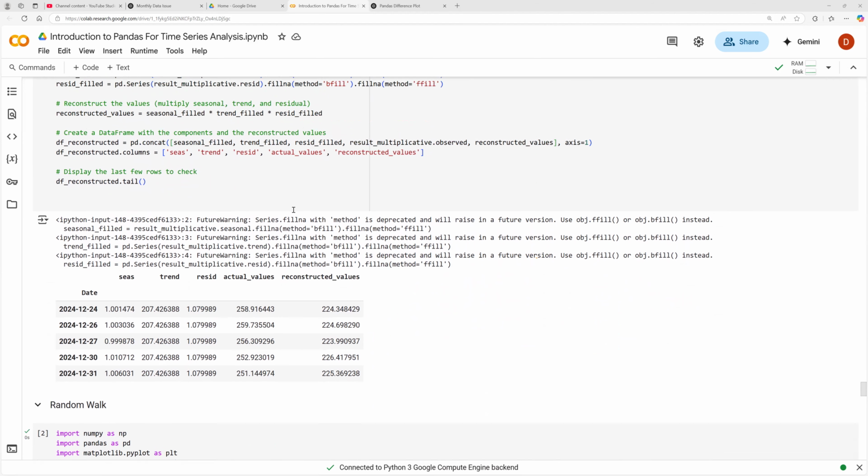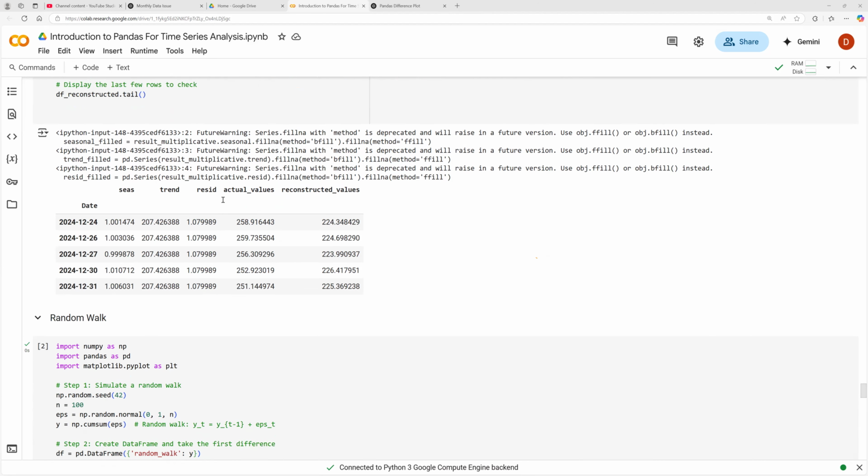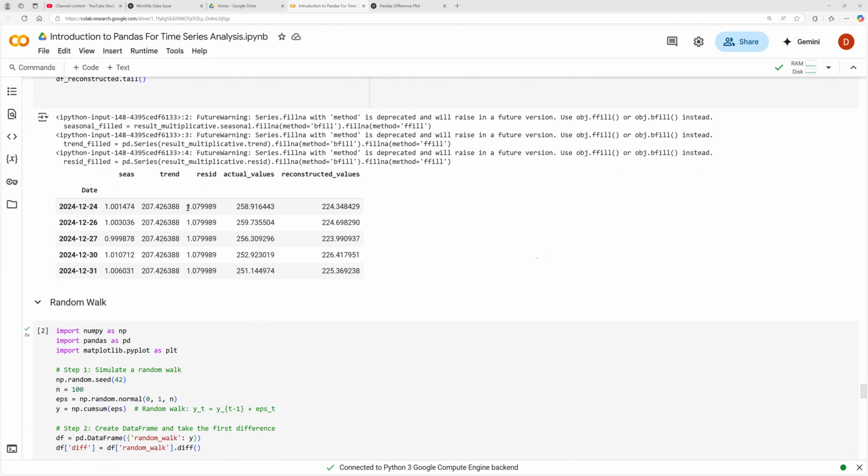I'm not going to go into super detail about some of the data hangups that could occur with this. You usually should get a decomposition that has numbers in it. In my case, it didn't work out that way, so I had to do some manipulation. But the main idea is that we have these different components, and they should technically add up. In some cases they don't, but technically they should be equal.